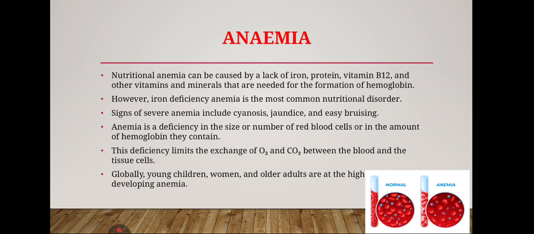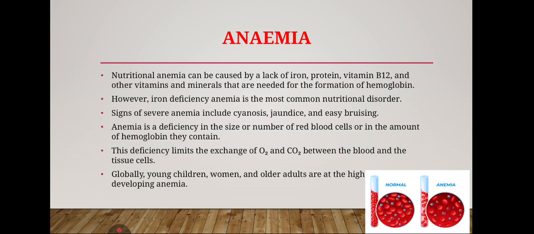A lack of red blood cells is said to be anemia because of the exchange of oxygen and carbon dioxide between the blood and the tissue cells. Normally we take in oxygen and give out carbon dioxide. That is our respiration process.